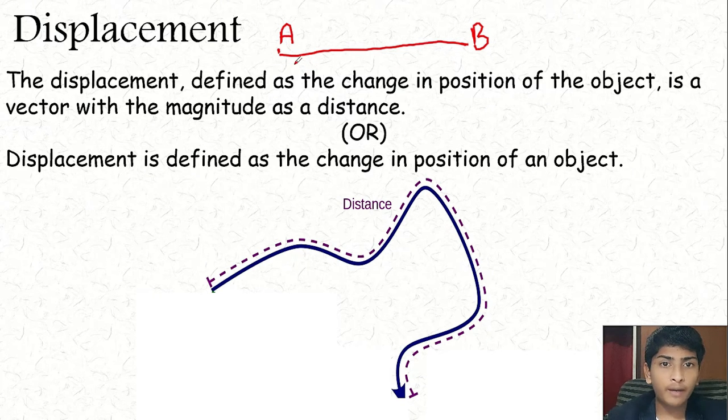The magnitude of this displacement is the distance. A vector quantity, once again I will repeat, means it has both magnitude and direction. We know the direction will be given in the displacement and the magnitude is the distance. Or we can give a small definition: displacement is defined as the change in position of an object with regard to direction.